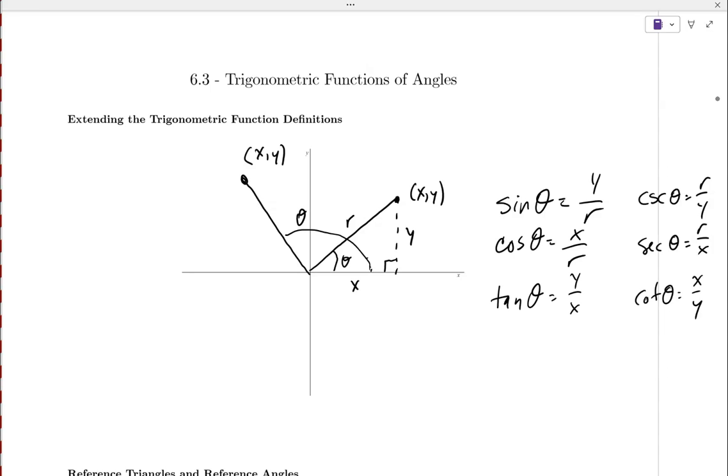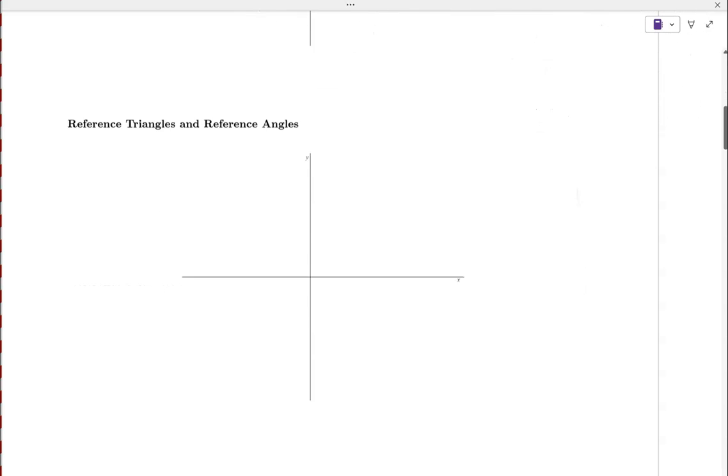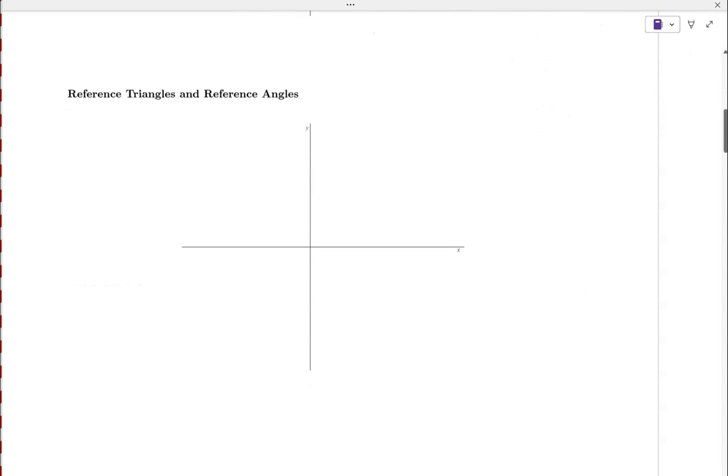Okay? We're going to consider those coordinates being the important parts of figuring out whether it's going to be positive or negative. And so that's where the idea of what we refer to as reference triangles and reference angles come in. So let me kind of redraw that last one that I put on there.